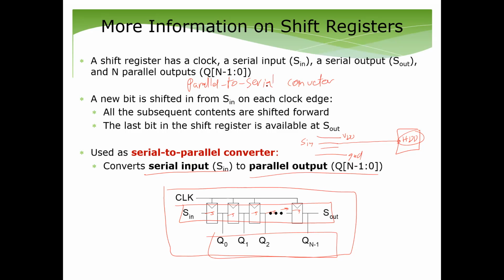Now parallel to serial converter, you will make a register. خلينا نقول 4 bit register. This register has to have the capability of reading data in parallel, D2 D3, depending on a signal called load. This is something that we have done before.